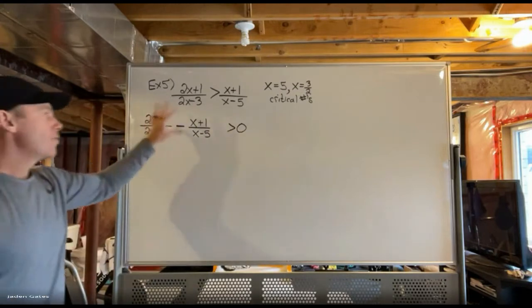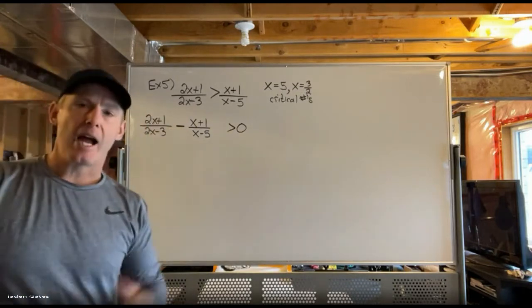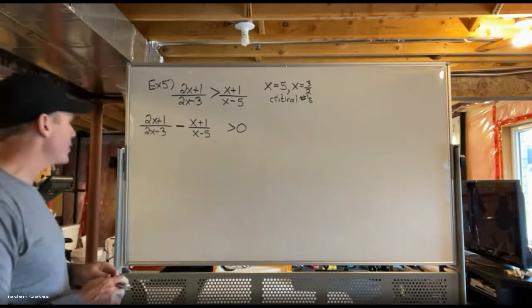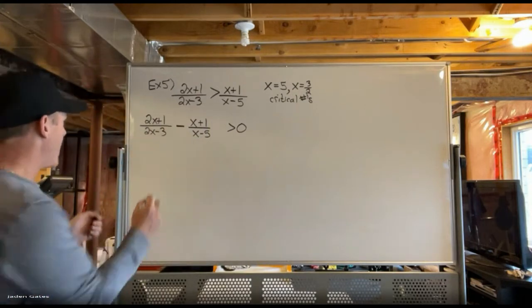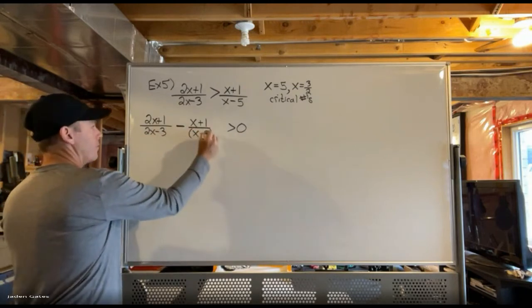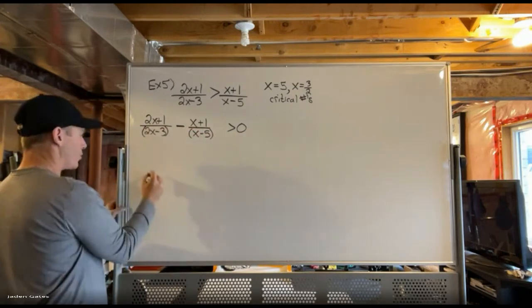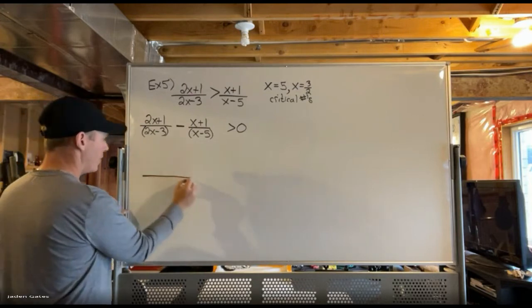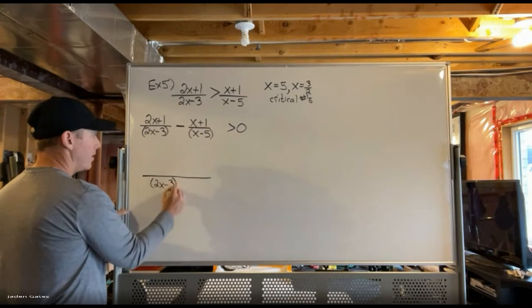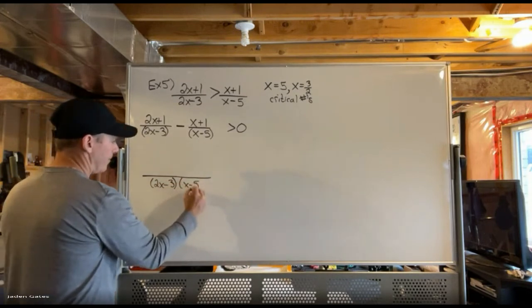All right, now to actually solve this inequality, again, I have to combine my 2 functions. And the only way to do that is having a common denominator. And so what I can do is when I have these 2 denominators, I got an x minus 5 and a 2x minus 3. And so my common denominator is actually going to be 2x minus 3 times x minus 5.